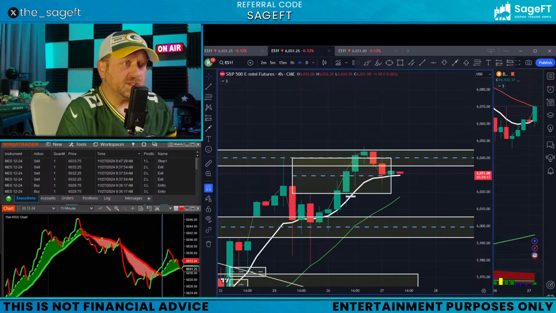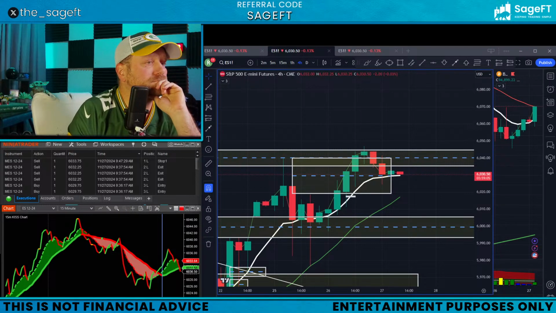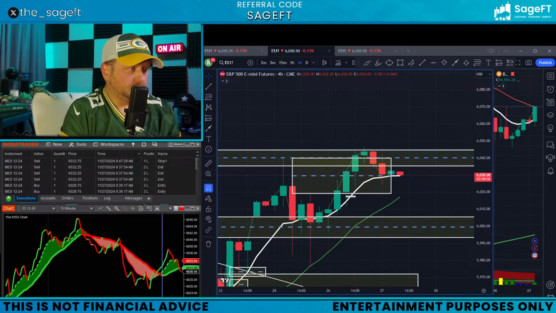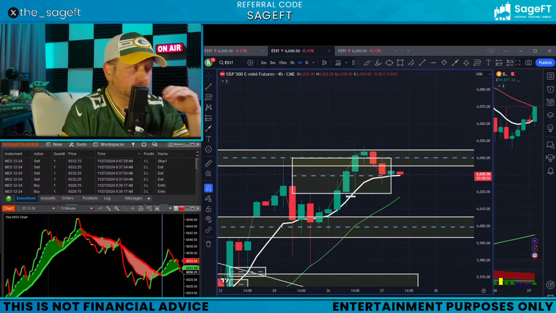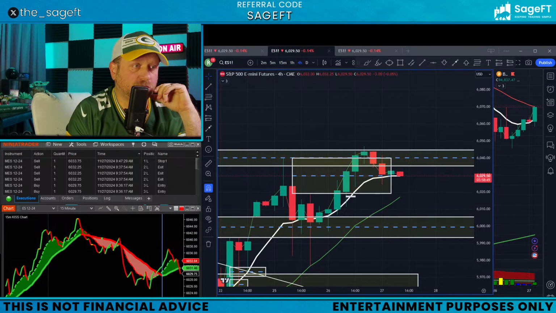Someone's accumulating, distributing here. They're leaning into the bid. Hey, low to low trend line.